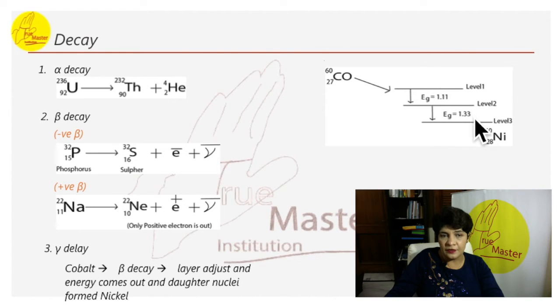It emits the energy in two stages, one this much energy and the other this much. Eventually the result is Ni, which is nickel. From cobalt it undergoes a beta decay, but this is called gamma radiation because there are two energy level changes in between.